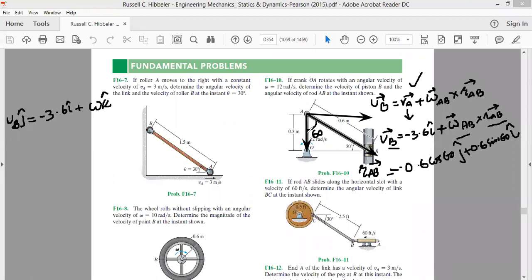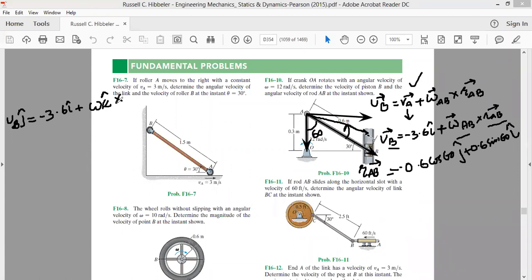The reason for this along the z-axis is that if you look at this rod AB, point B will move up or down. Let's suppose point B moves upwards, this rod AB will now be here. The angle being described is in the anti-clockwise direction. If we curl our fingers in the anti-clockwise direction, the thumb comes along the z-axis. So this has omega k cap.